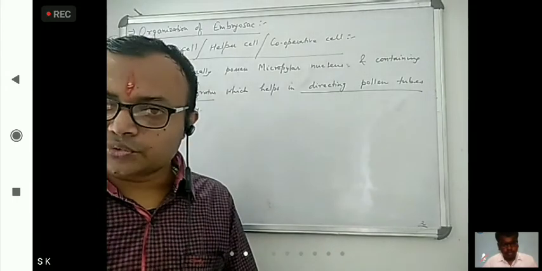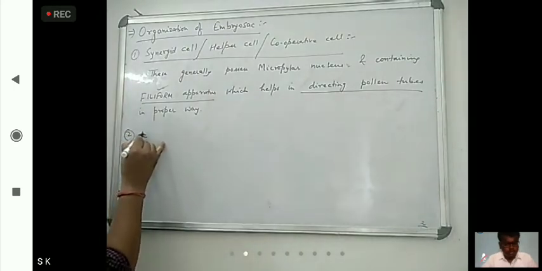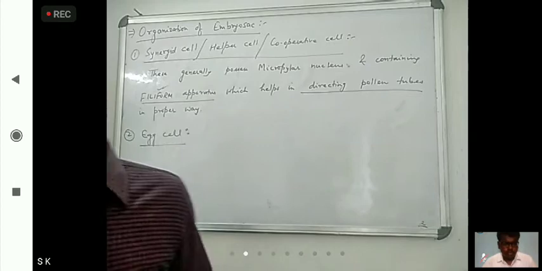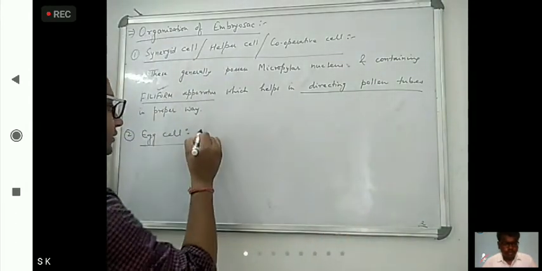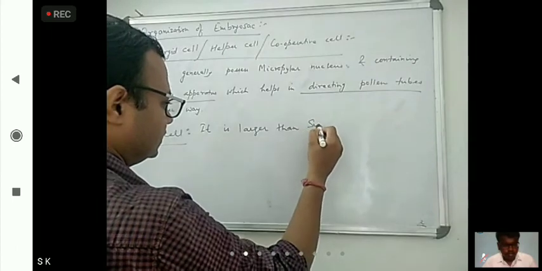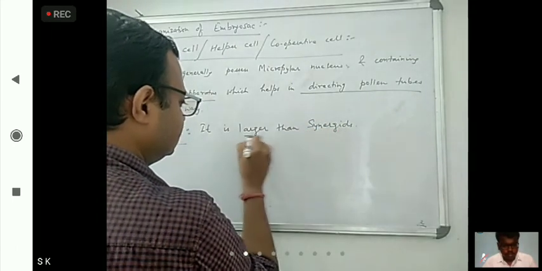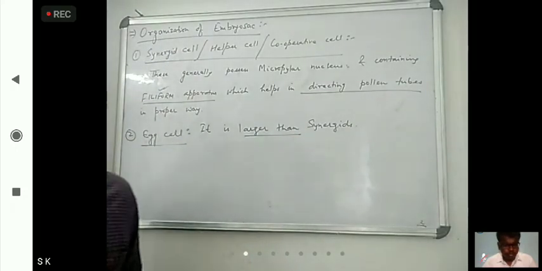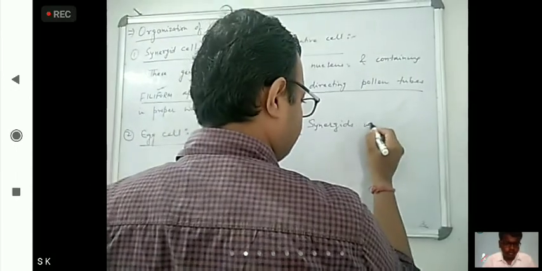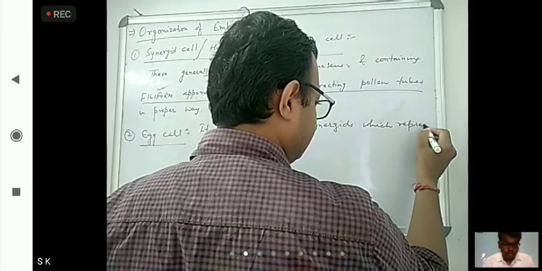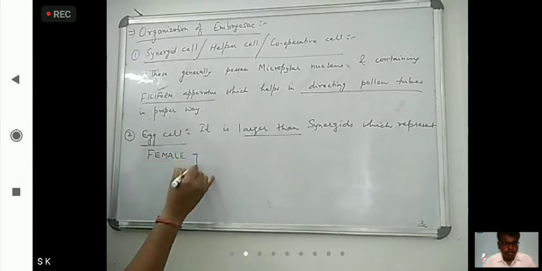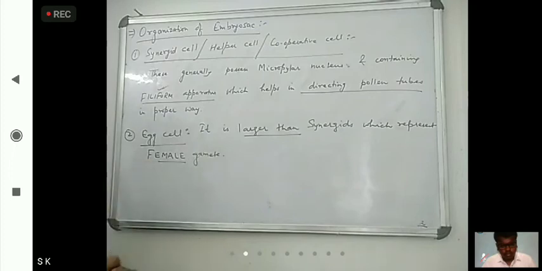Next is the egg cell. The egg cell is larger than synergids, as we already saw, and it represents the female gamete.